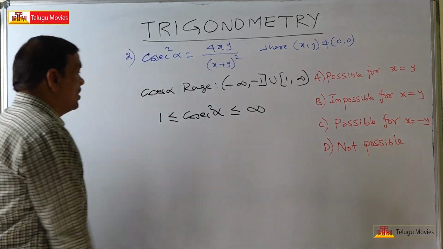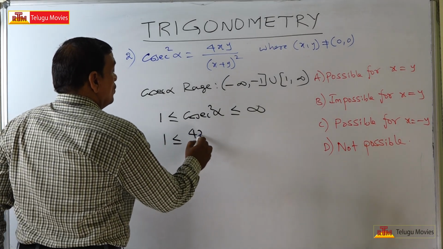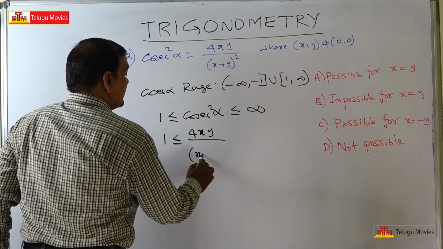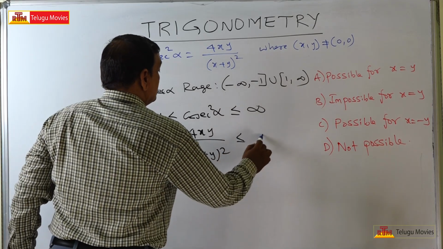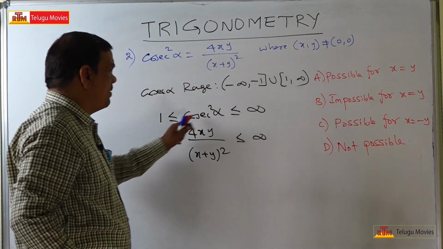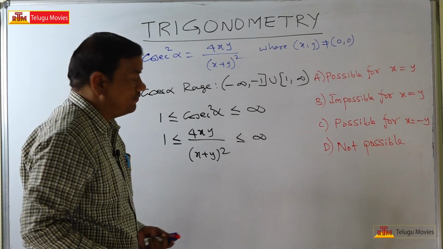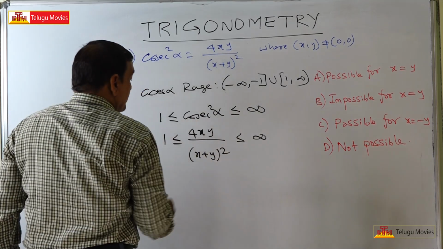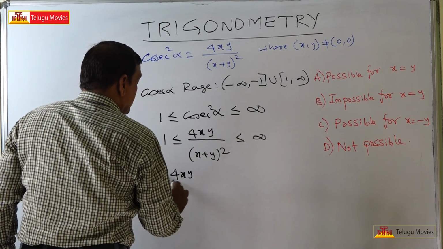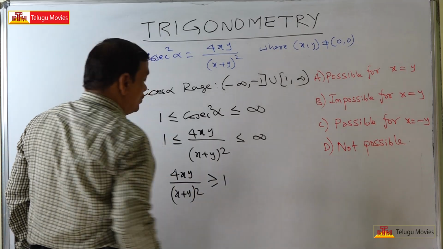Okay? Now coming to here, cosecant square alpha is given: 1 is less than or equal to 4xy upon (x plus y) whole square, less than or equal to infinity. Up to here, whatever value we take is always less than or equal to infinity, so that is obvious. Now take this part: 4xy by (x plus y) whole square is greater than or equal to 1.